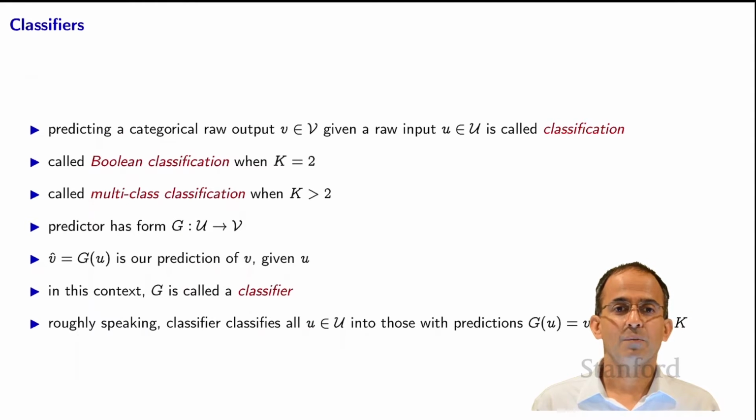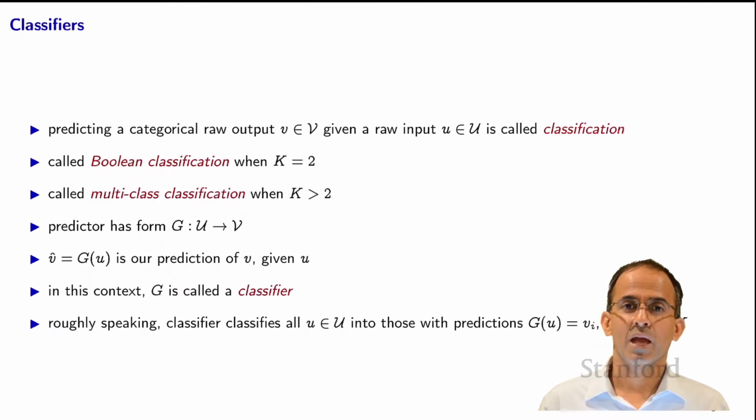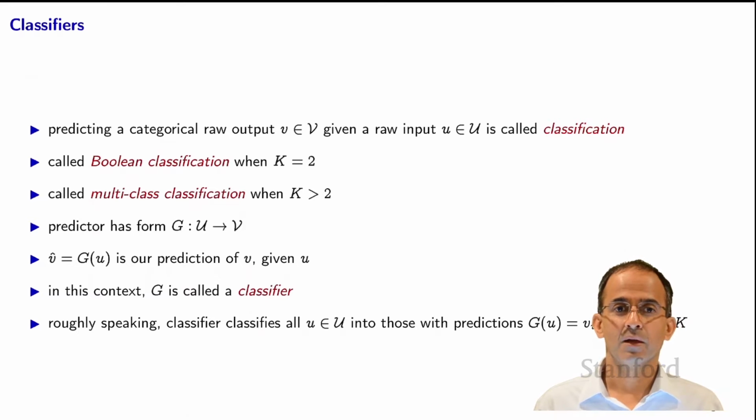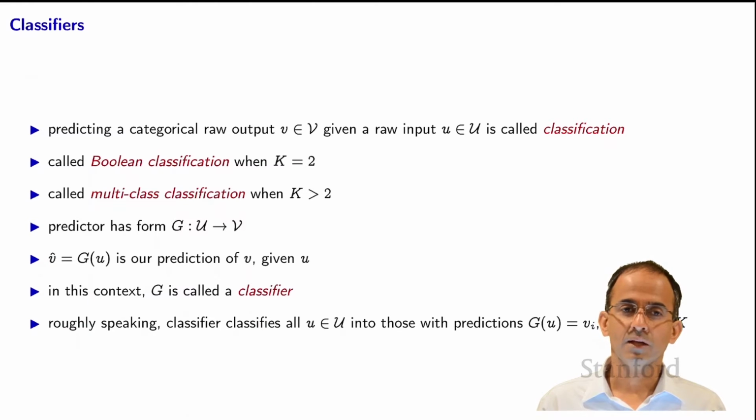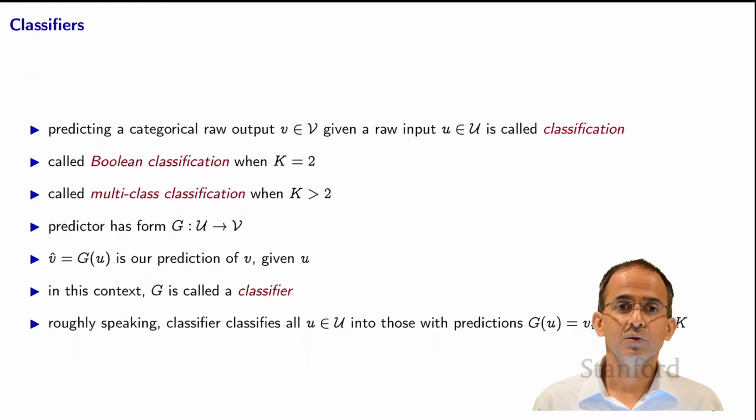We'll denote that by a capital G. Remember that in the regression section we talked about little g as being the predictor, and it was parameterized by theta. But also remember that little g was the map from x to y, where x was an embedding of u and y was an embedding of v. And so here we've named the map from U to V capital G. And so v hat is capital G of u is our prediction of v given u. And then G is called a classifier.